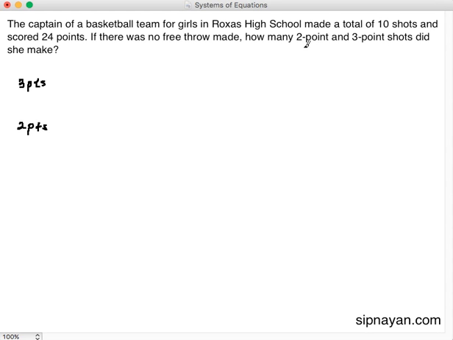Pwedeng 0, di ba? Pag 0 yung 3 points natin, ang number of 2 points natin ay 10. Tapos pag 1, syempre 9, kasi 10 yung 10 shots siya. Pag 2, 8. Pag 3, 7.